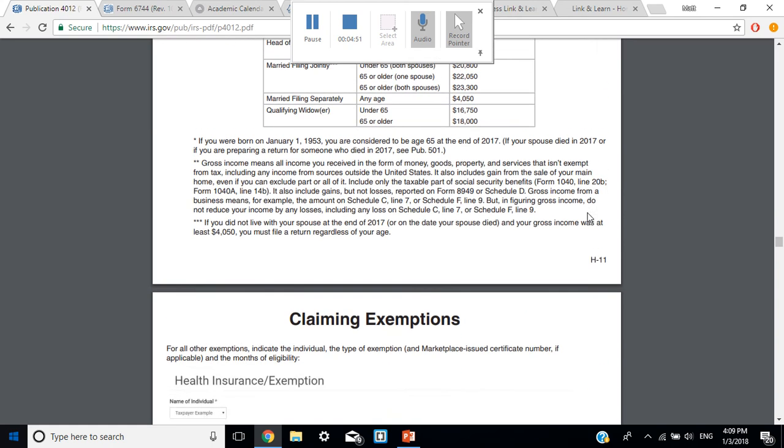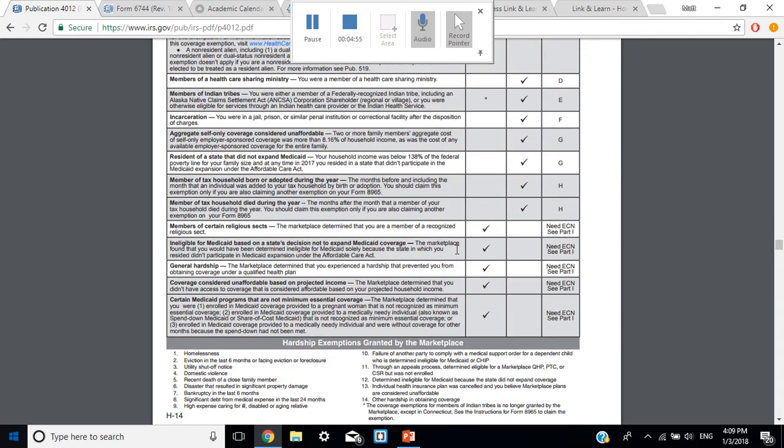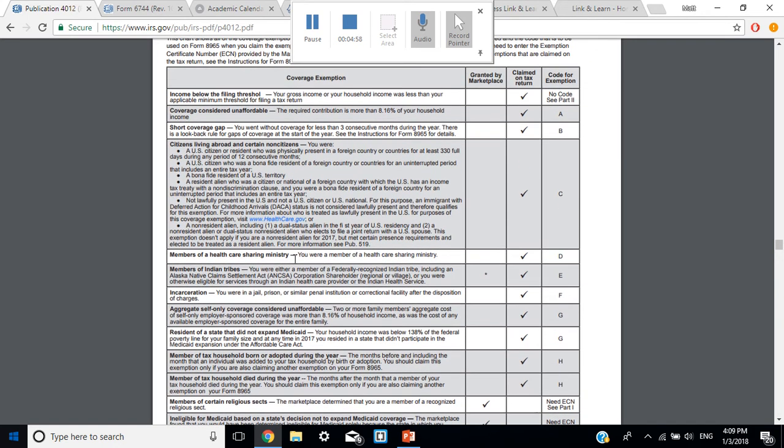No, it does not. He is making $19,000, which is quite a bit above the numbers shown there. Next option is the short coverage gap. You went without coverage for less than 3 consecutive months during the year. No, Robert went without consecutive coverage for 12 months of this year, all of it. In which case, we won't be using the short coverage gap.